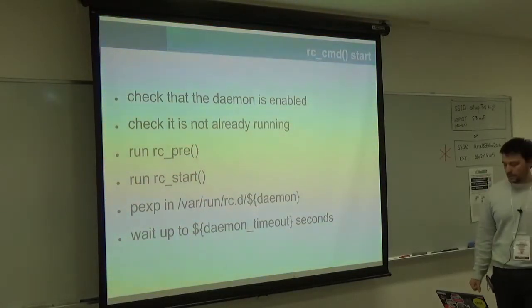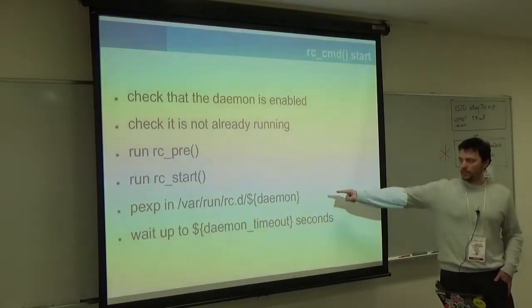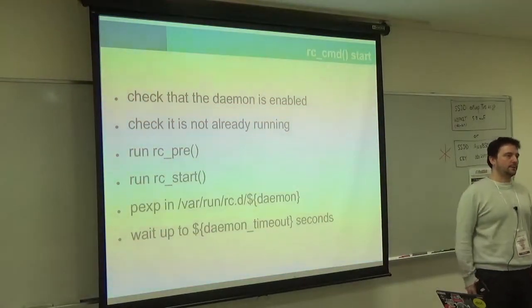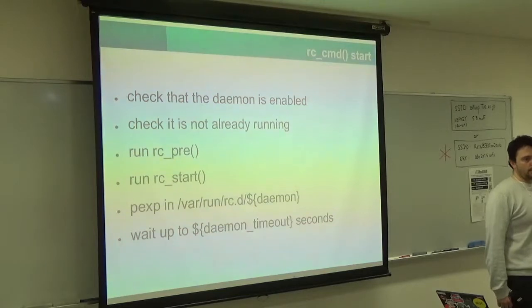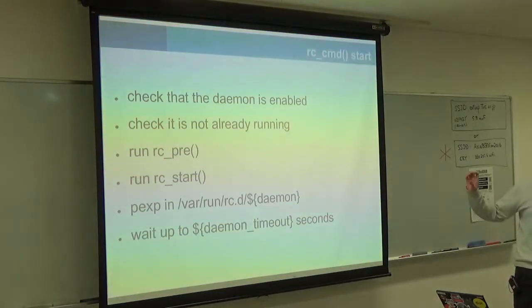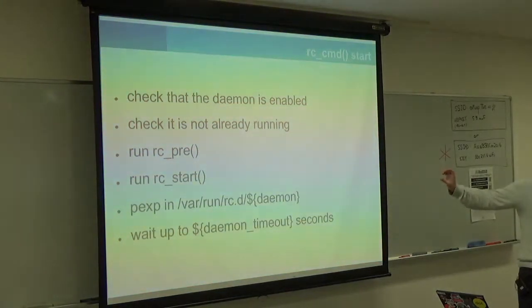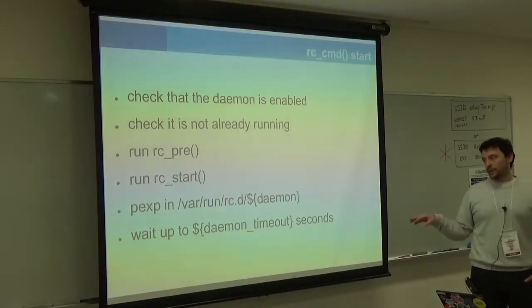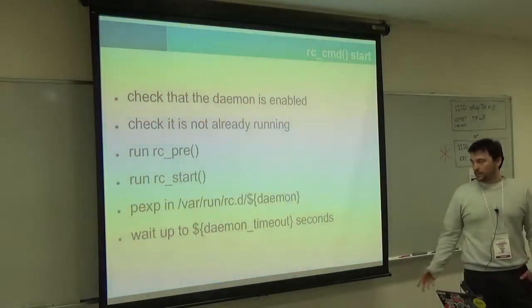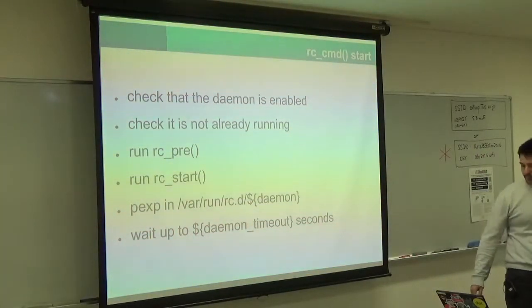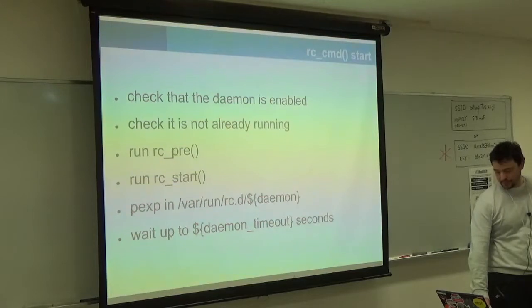So what rc.d does is first it will have a look under this directory to see if there is a matching entry for the daemon that we want to restart. And if that's the case, then it will use that as a PXP instead of the one that is constructed from rc.conf. And then at the end, we wait up to daemon_timeout seconds before stop.